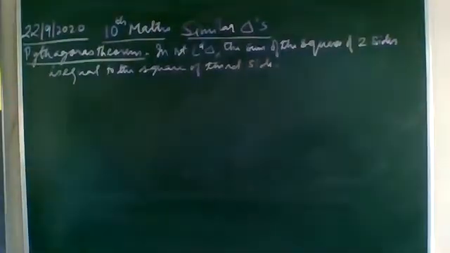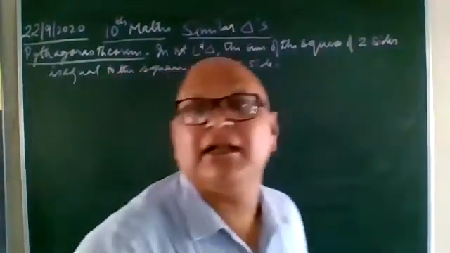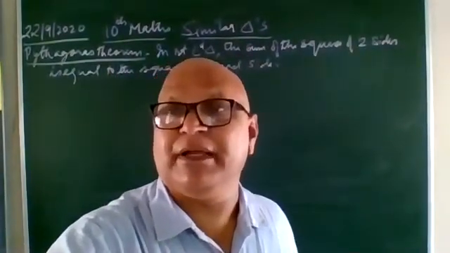Pythagoras theorem. In right angle triangle, the sum of the square of two sides is equal to the square of the third side. Now in this, in right angle triangle, so what you will be doing?